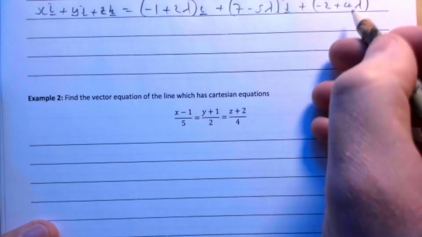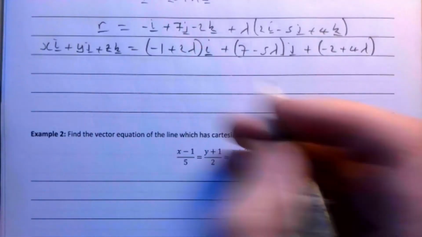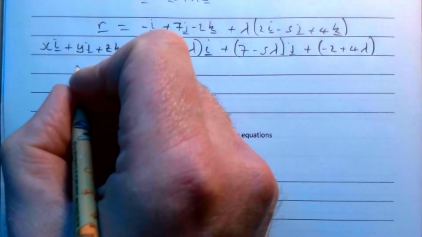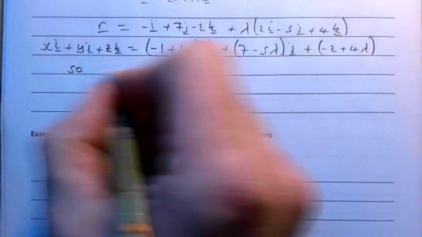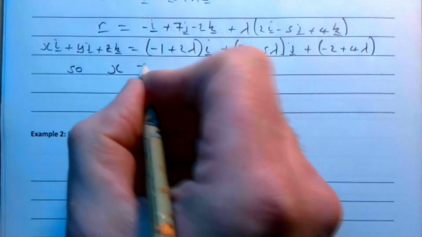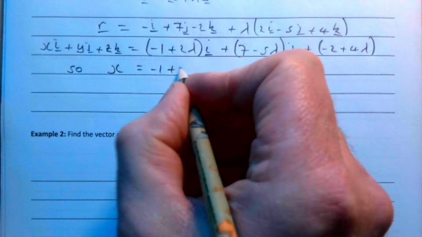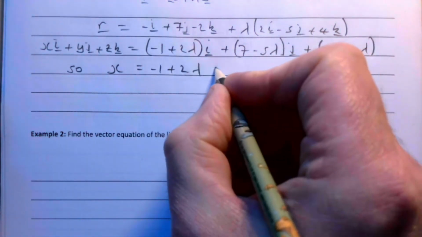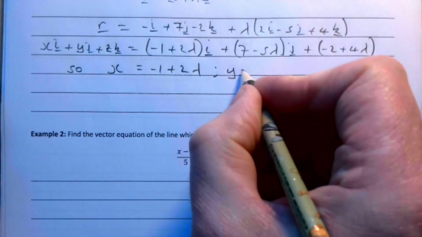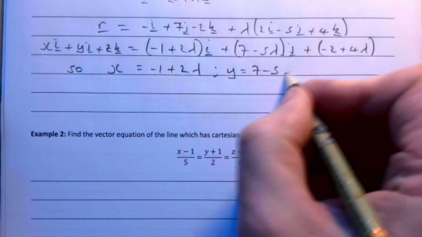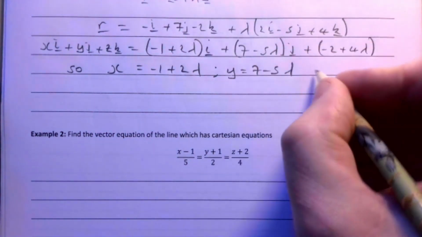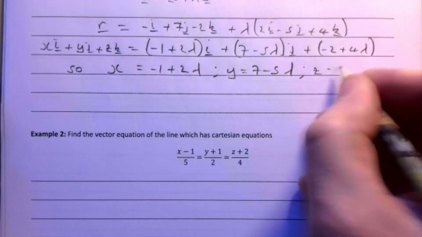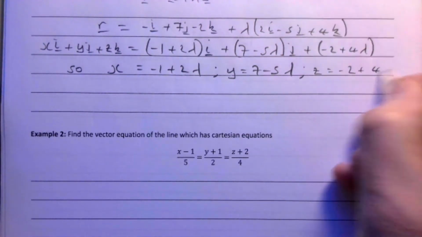That means taking each bit separately. I need to make sure this is always on the screen. So x is equal to minus 1 plus 2 lambda, y is equal to 7 minus 5 lambda, and z is equal to minus 2 plus 4 lambda.